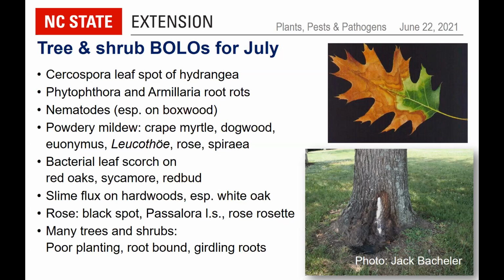Now, we haven't seen it yet, but July will be when we'll first start seeing the bacterial leaf scorch symptoms, that marginal necrosis, often with a multicolor, irregular border to the green leaf tissue closer toward the midrib and toward the petiole. That is typical on the red oak group. We also sometimes see it on sycamore.